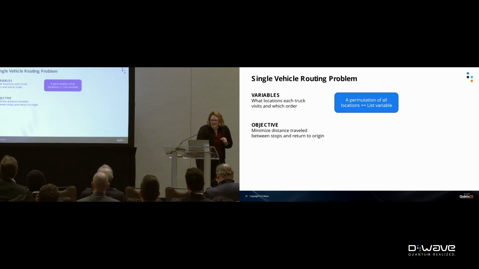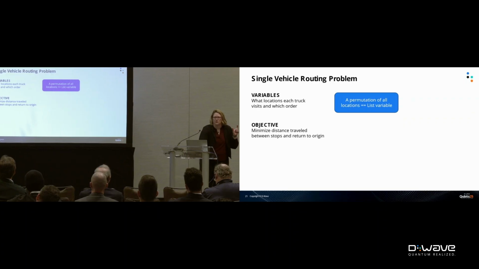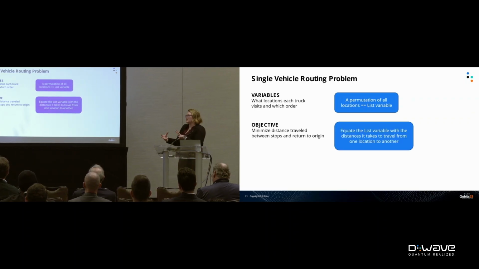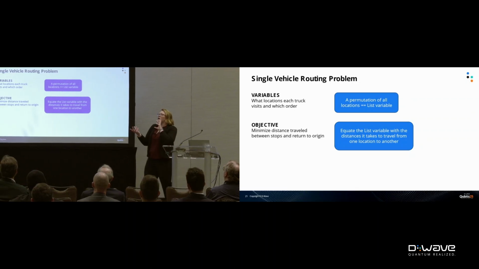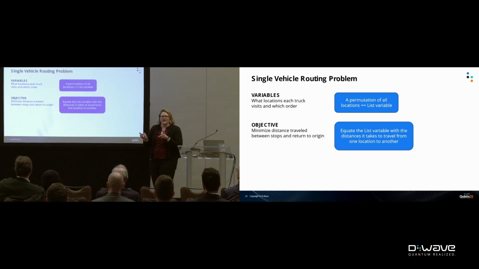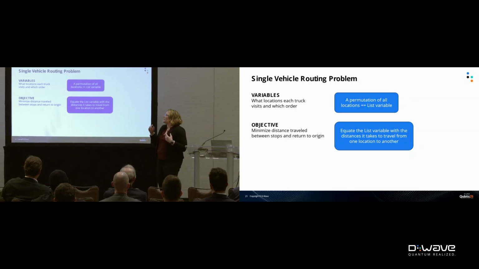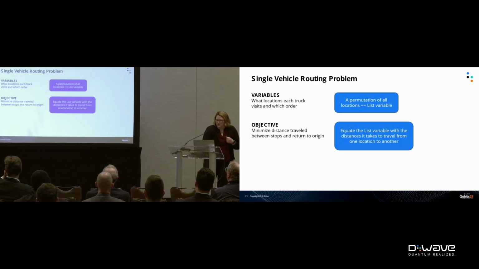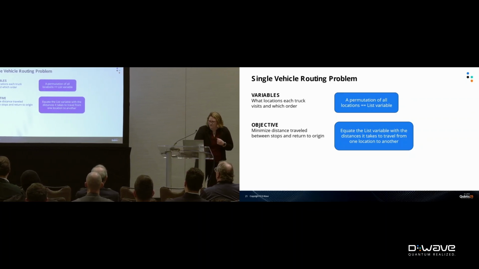And then the objective is going to be minimizing the distance between stops and a return to origin. So we're going to take the list variable and build a directed acyclic graph that incorporates those two distances. We need the distances between one location and another location to be incorporated into the model.